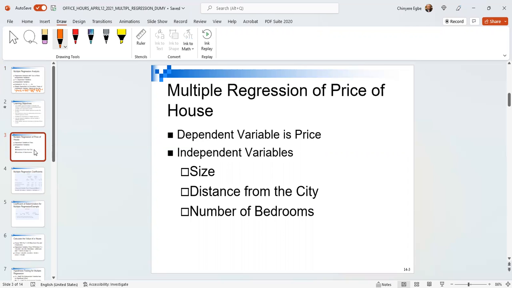In this particular example, we're going to look at housing. The dependent variable is price, and the independent variables are size, distance from the city, and number of bedrooms.